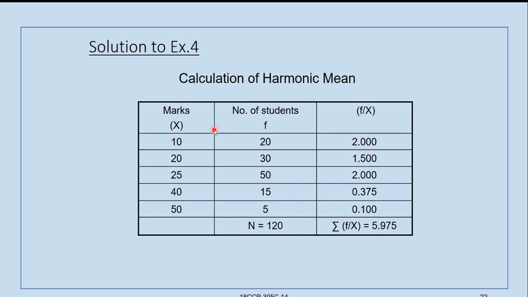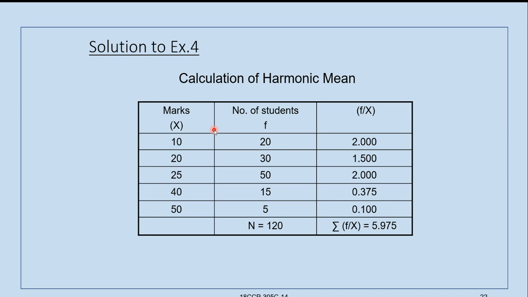Here the table is shown. The third column is actually omitted here, but the student is expected to do the third column also. Only the fourth column will show the product of frequency and reciprocal of the series.